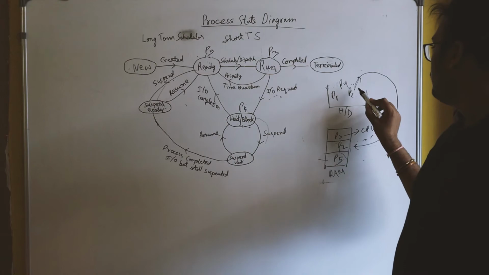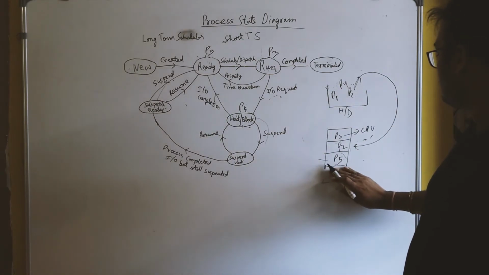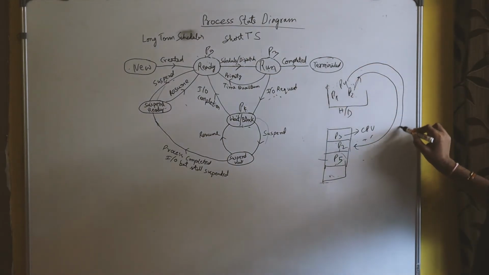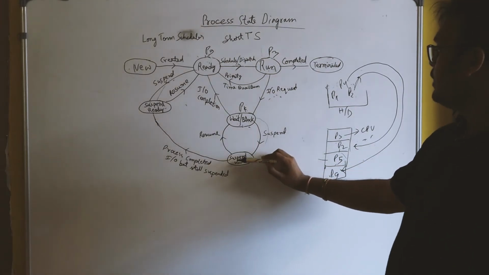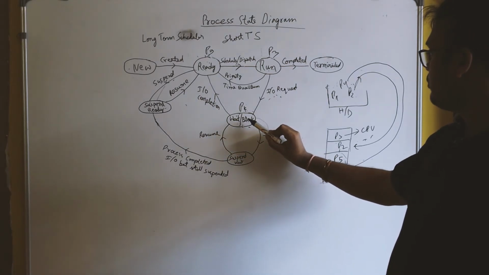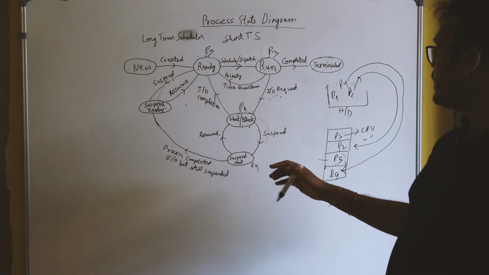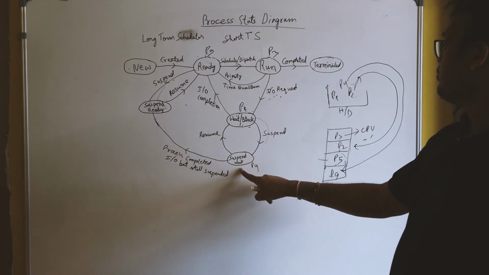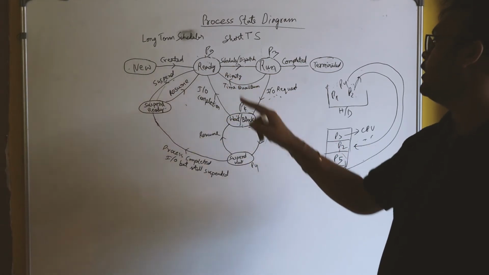And after some time, when there is a space in the RAM, P4 can again come here. It means when there is a space in the RAM, since P4 has made a transition from wait block state to suspend wait, P4 will again come from suspend wait to wait block state. It means from hard disk to main memory again, so that P4 can again go to ready state.